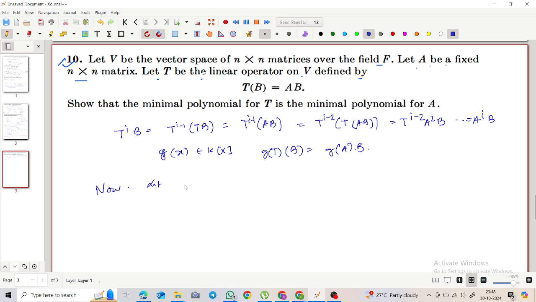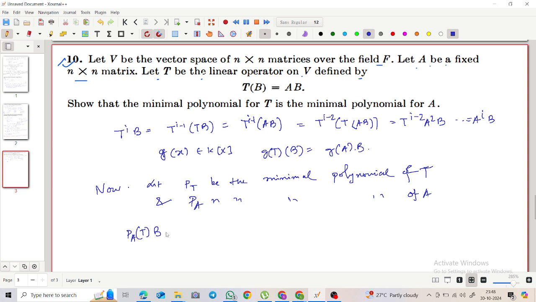Now let p_T be the minimal polynomial of T and p_A be the minimal polynomial of A. So what is p_A(T) into B, for any B?